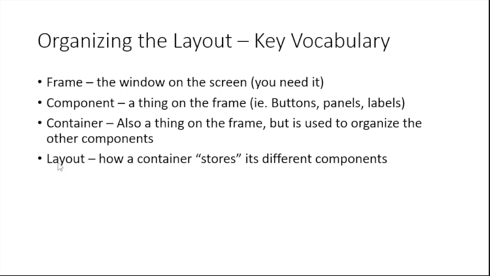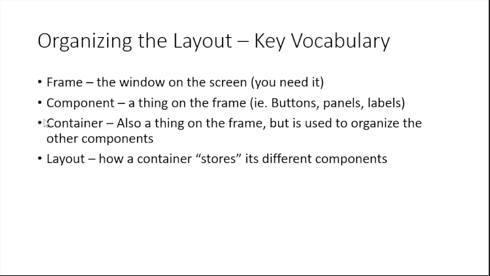And then layout is how a container stores its different components. So your frame has a certain layout. How you organize your room, where you place your bed, where you place your dresser, where you place your table. It's organized in a certain way.